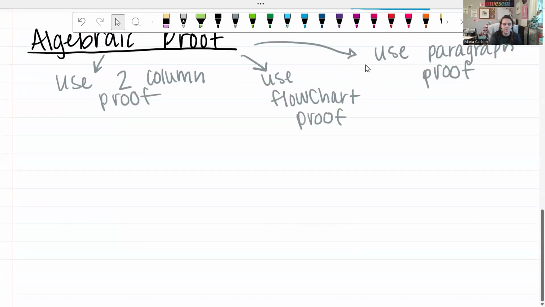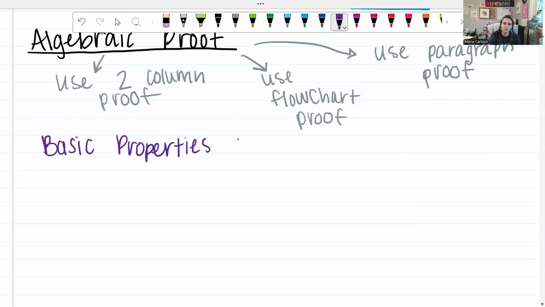But we have lots of different properties that we will use and refer back to whenever we are dealing with something that is algebraic in nature. So we need to define these basic properties of equality. Most of our algebraic proofs, again, are involving equations. So basic properties of equality.